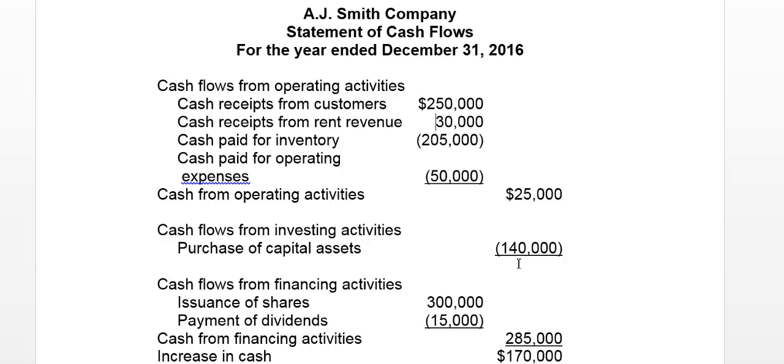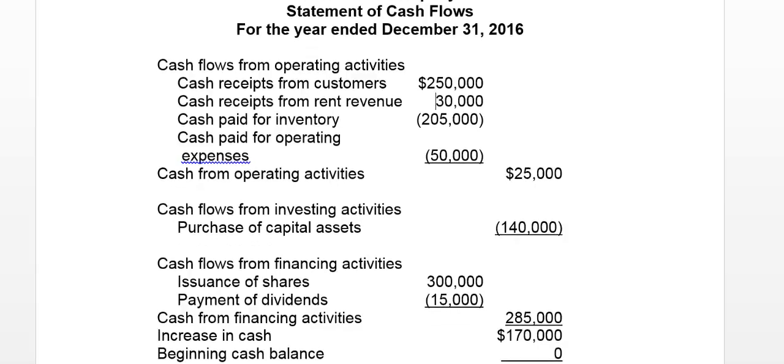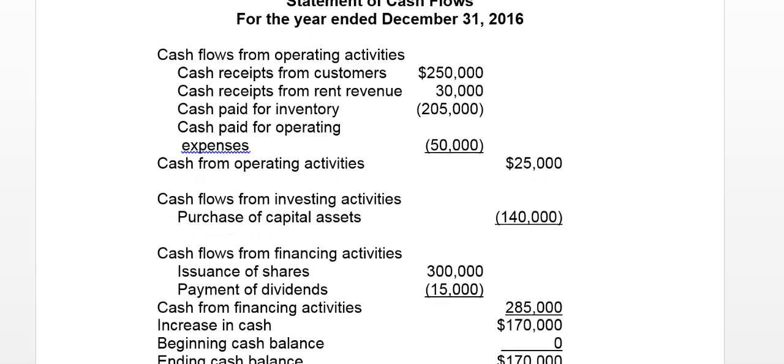What kinds of things would be investing activities? Well, investing activities would be things like buying capital assets. Capital assets are the depreciable assets: building, equipment, vehicles, those kinds of things. Now, things like land would also be a capital asset, but it's just not depreciable, right?